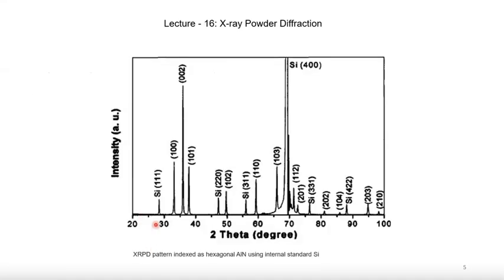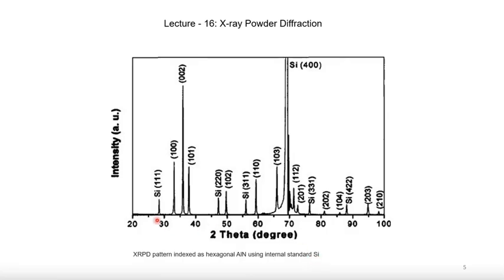If we superimpose powder patterns of two or more samples, we can immediately identify which are the peaks for which sample. For example, we have an X-ray powder pattern of two materials: one is aluminum nitride and another is silicon.